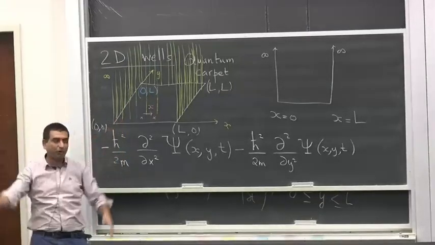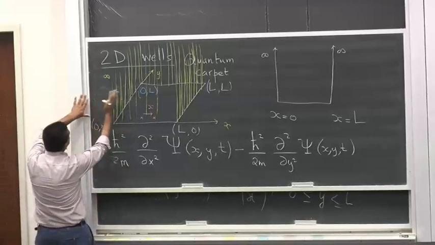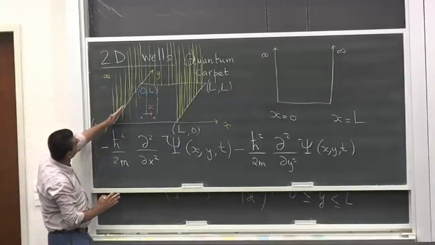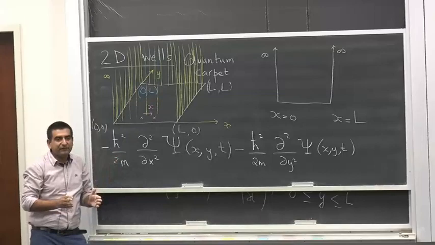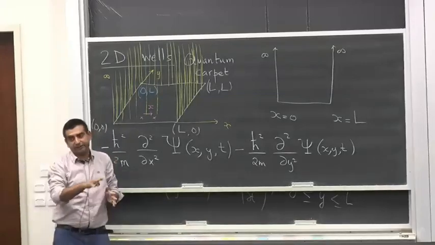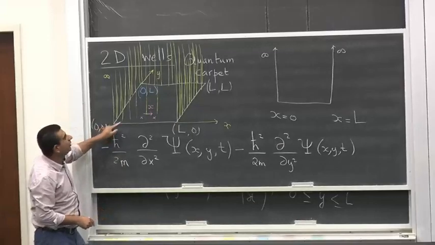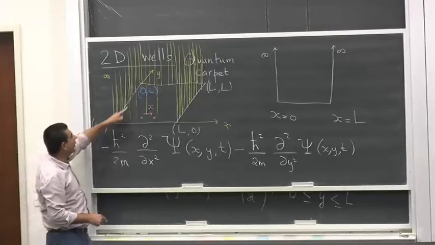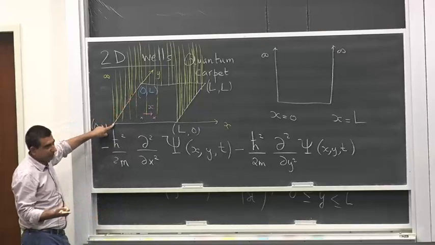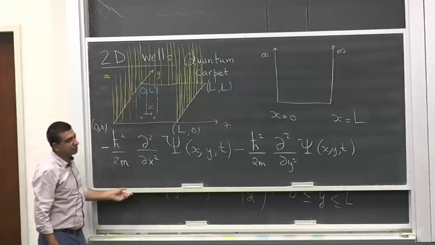It's a hard brick wall. So if the wave function is 0 everywhere here, it must also be 0 at the edges, because the wave function changes smoothly. It always changes smoothly. Therefore, at x equals 0, along this edge, the wave function has to be 0.